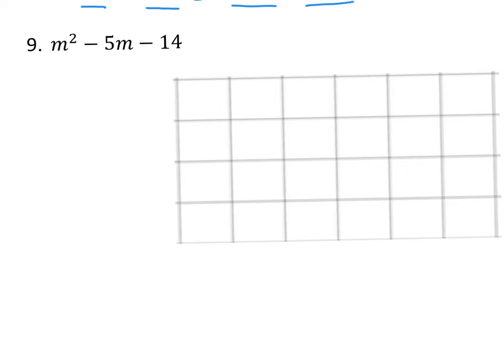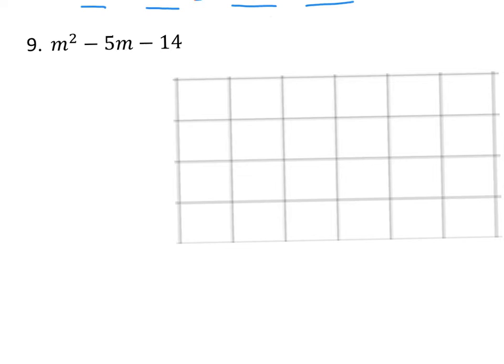Greatest common factor in the first column is m. Greatest common factor in the second column is 2.